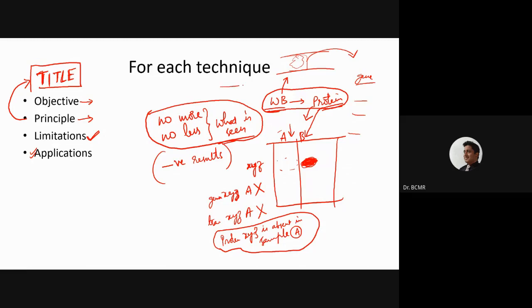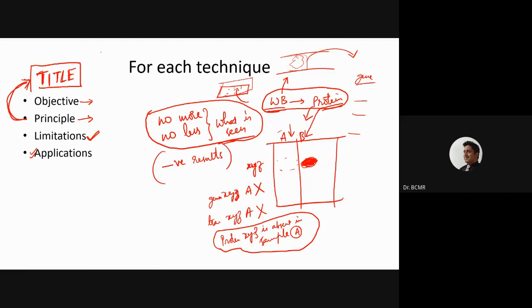In Southern blotting or Western blotting, you have it in the gel electrophoresis. You have the DNA, you're putting in a nitrocellulose membrane and trying to pick up the DNA molecules. That is blotting. So what I want you to know is try to associate the principle with the title.